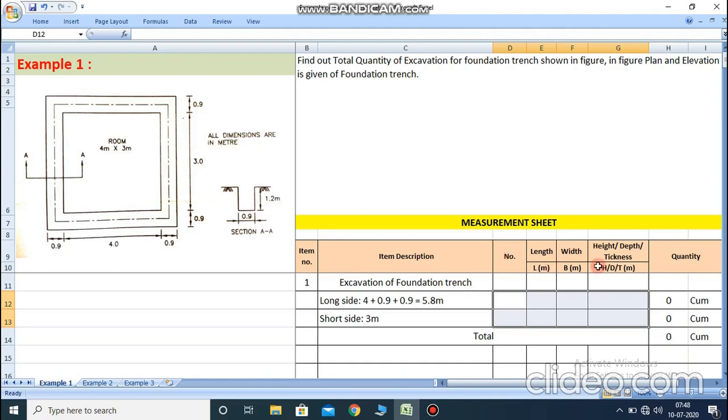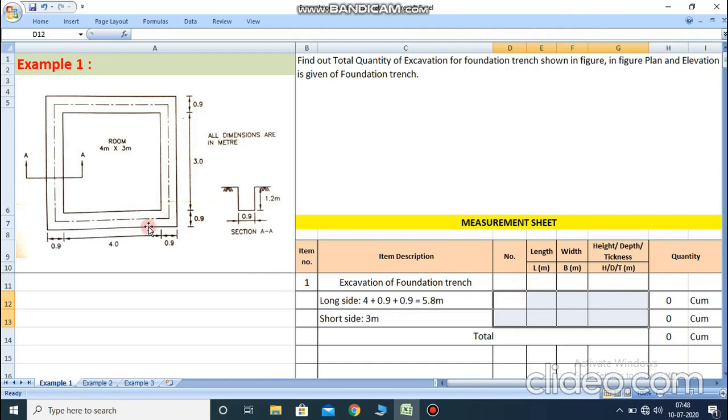Next is B, the width in meters, the width of any particular item. The sixth column shows the height, depth or thickness in meters. And at the last we find the total quantity by multiplying all the columns, like number, length, width and height of any particular work.